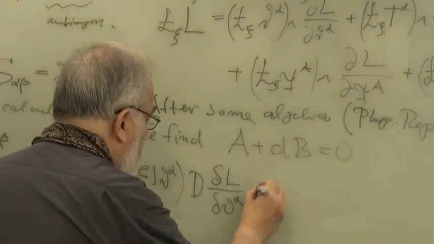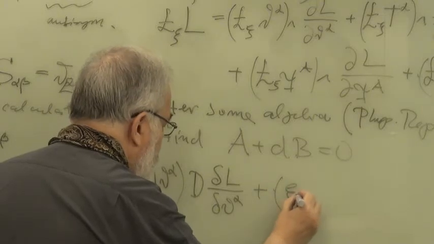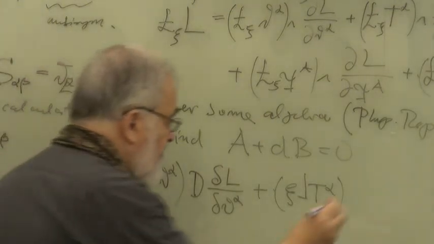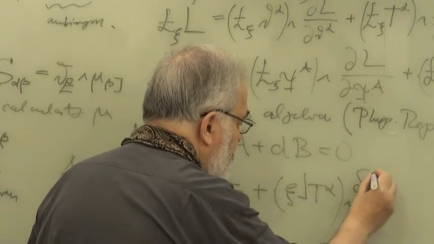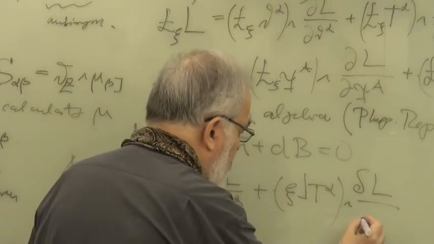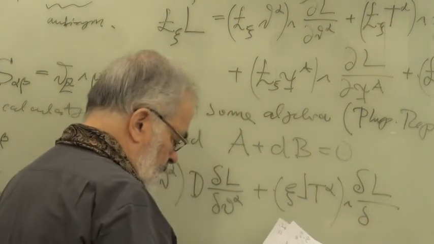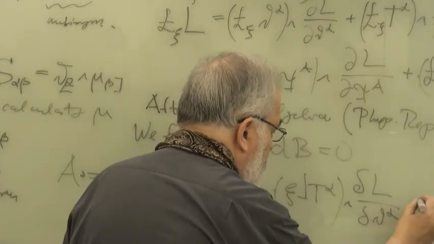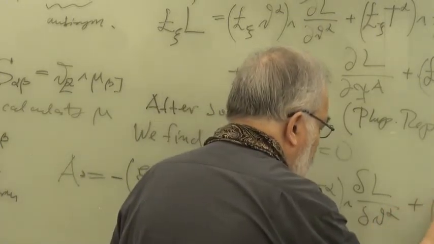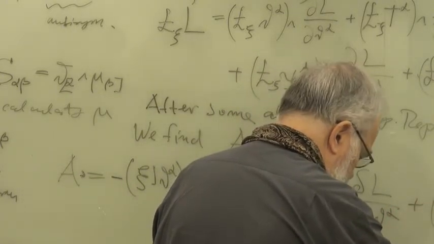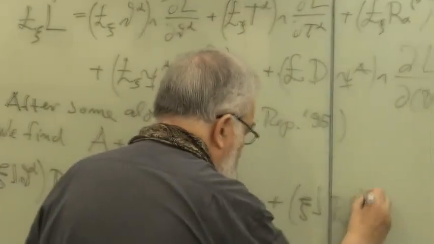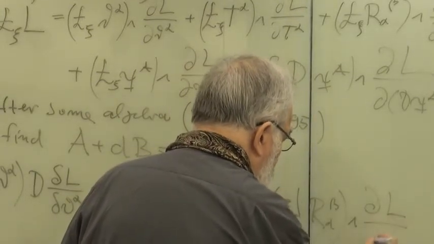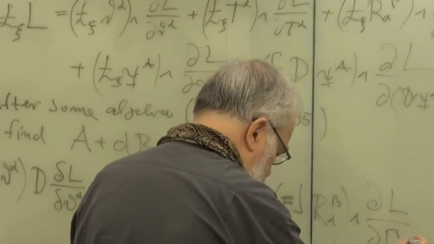And now the same for torsion: psi in torsion T alpha times the variational derivative of L over T alpha, plus now the curvature term psi in R alpha beta also times dL over dR alpha beta.